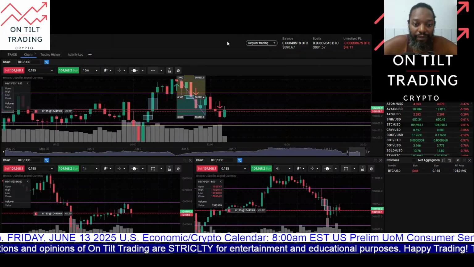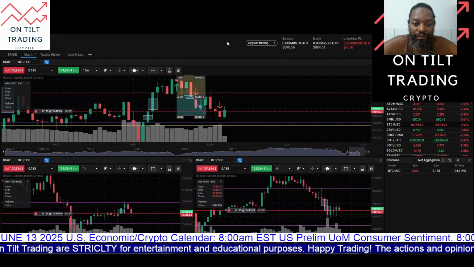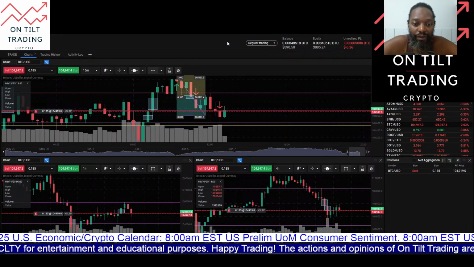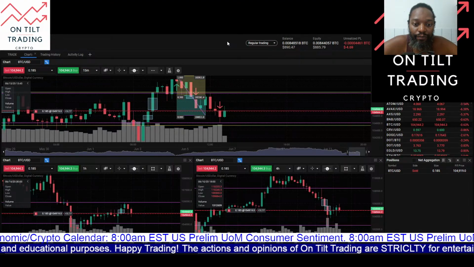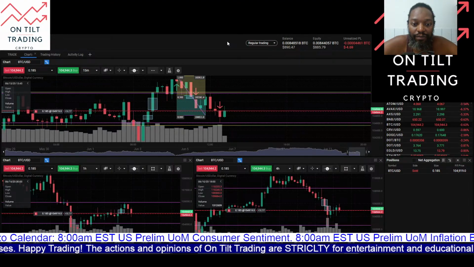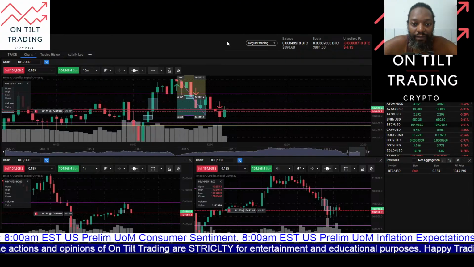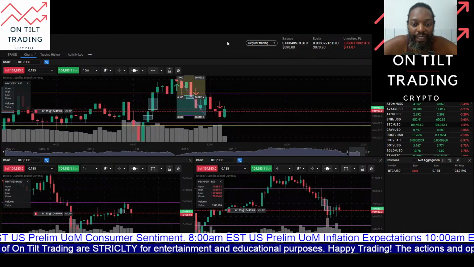A little over 5 minutes into this candle. Looking quite bullish so far. Seems to be losing some momentum to the long side, but nowhere near entirely.